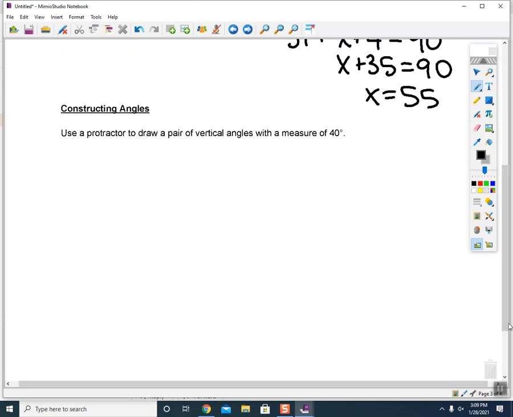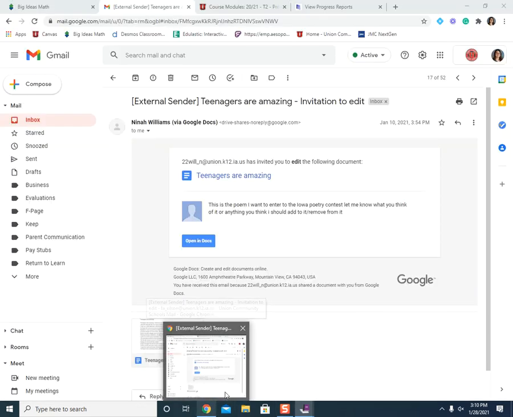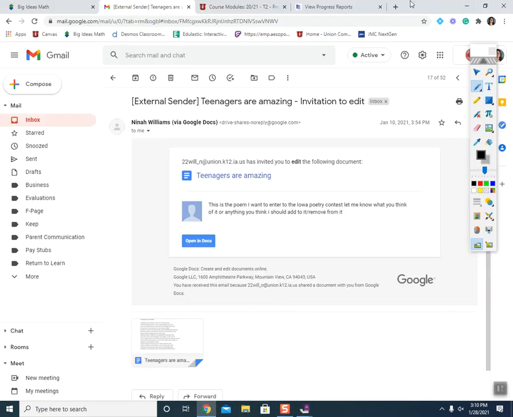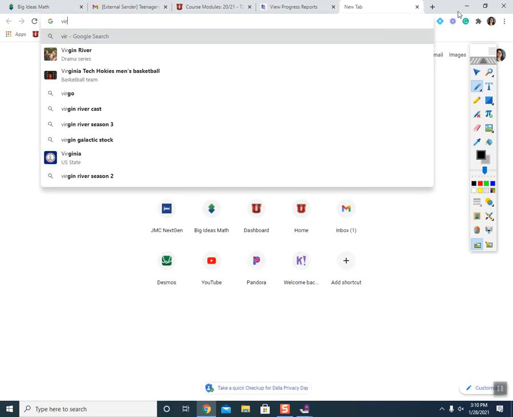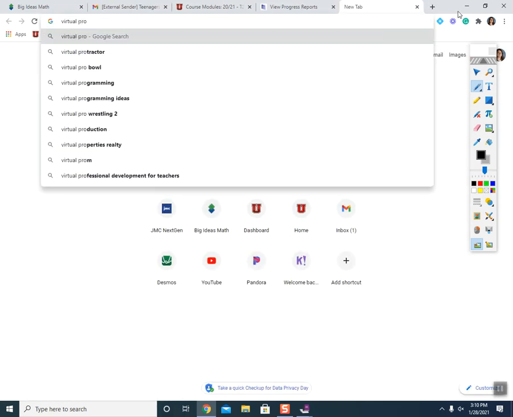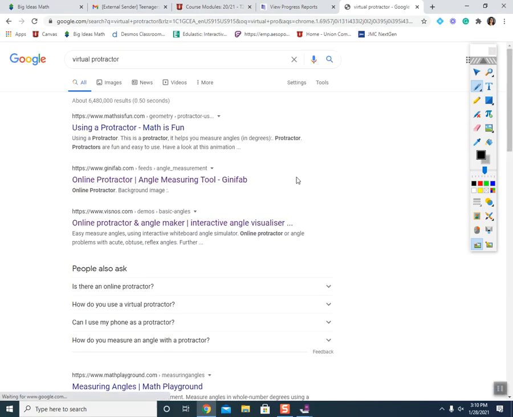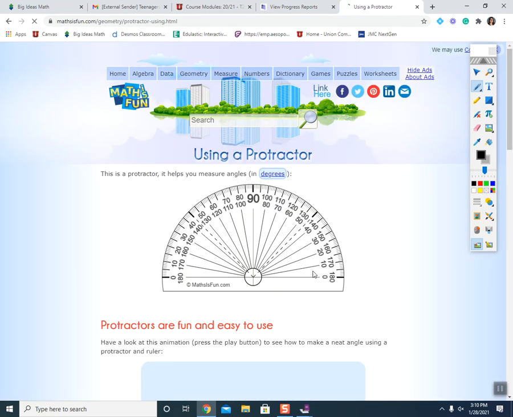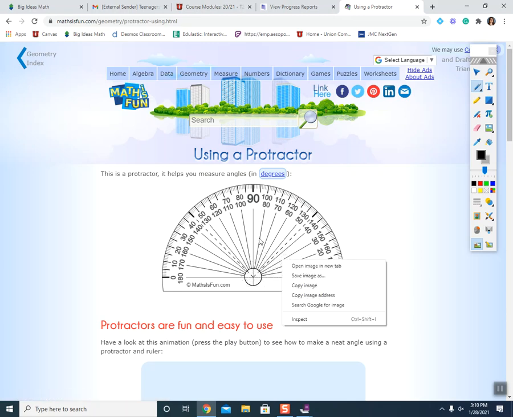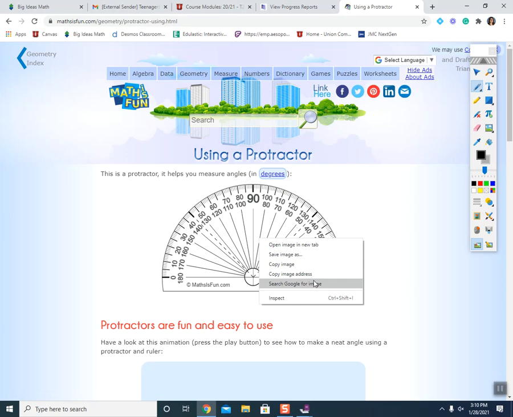All right. This one is going to be a little bit hard to do virtually, but we'll do what we can. I wonder if I can get a protractor on here. Let's see. If I have a virtual protractor. Well, we can do this.